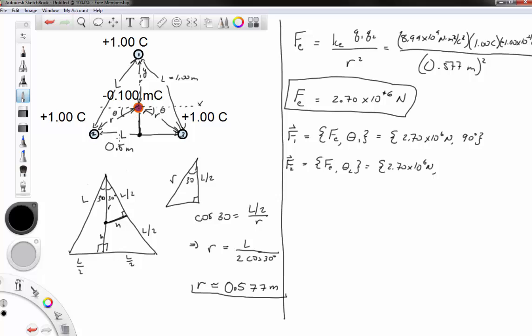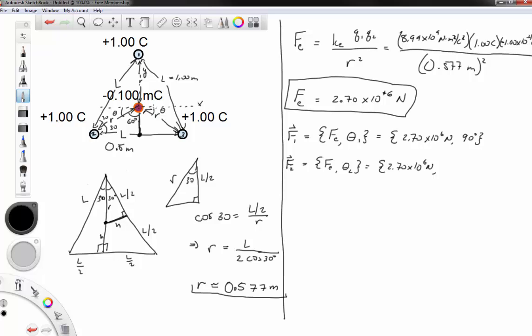Well, we can look at this triangle here and see that this is the L over 2 part, this is R, so R, L over 2. So this right here must be the angle that represents 30 degrees. So that means that this angle also is 30 degrees. And it means that this angle right here is 60 degrees.